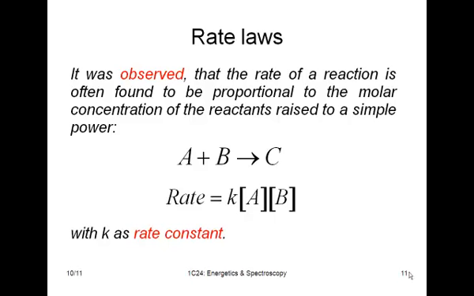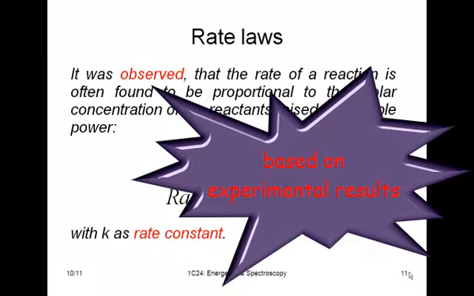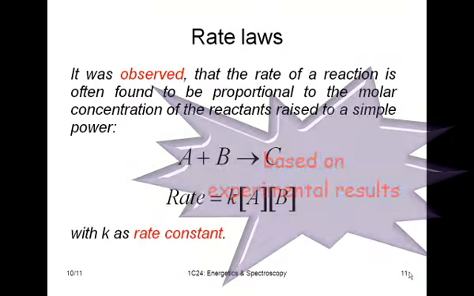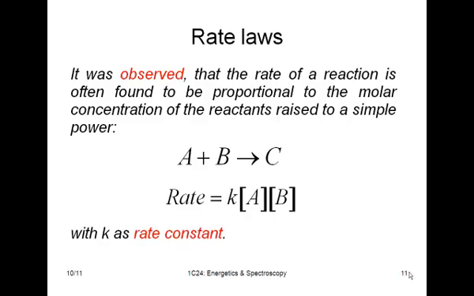Okay, so we can develop some rate laws based on essentially empirical observations. So these aren't things that can be derived from a fundamental theoretical perspective. They're observed rates. And what was found was that the rate of reaction is often found to be proportional to the molar concentration of the reactants raised to some simple power.